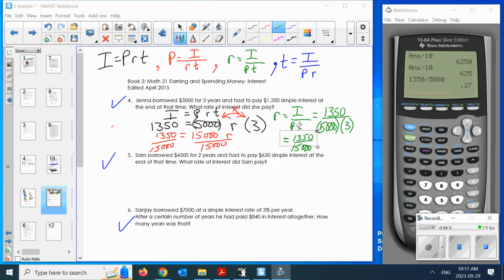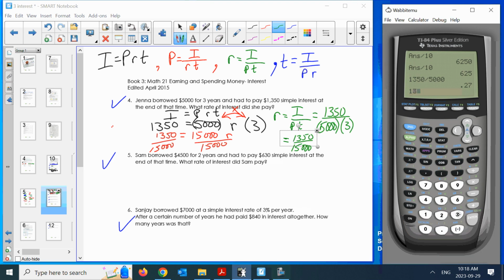Big green machine, number 4. Hey, Liam, put the phone down. What did you get for 4, Liam? 9? You're getting 9. Oh, my son of a gun. You are getting 9. I put in the wrong thing here. 1350 divided by 15,000.